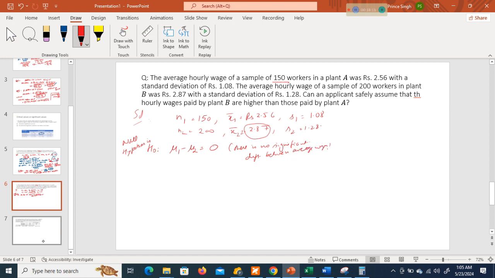Right? And what is the alternative? Alternative is that plant B, that is second one, are paid higher than the plant A. So it means mu1 minus mu2 is less than 0, means mu2 should be greater than mu1. This is the left tail alternative.